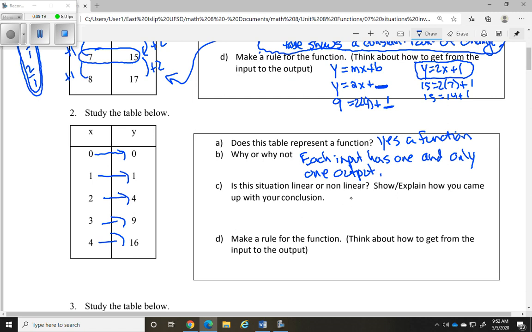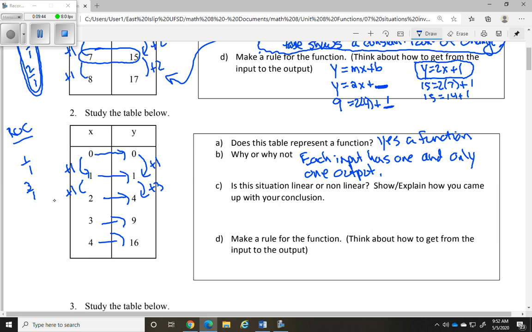Now they're asking if it's linear or not. I'm given a table. The only way to determine from a table is by looking at the rate of change. This goes up 1. This goes up 1. My first rate of change is 1 over 1. This goes up 3. This goes up 1. My next rate of change is 3 over 1. I can stop already.